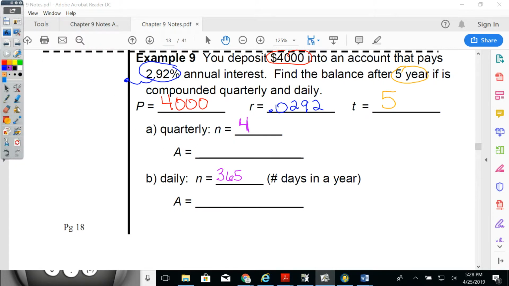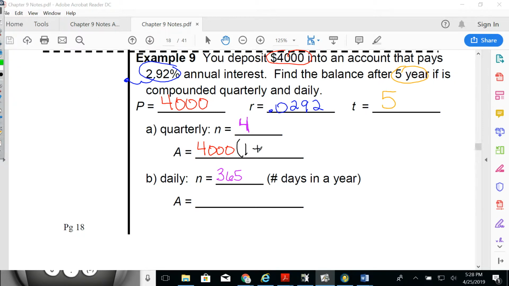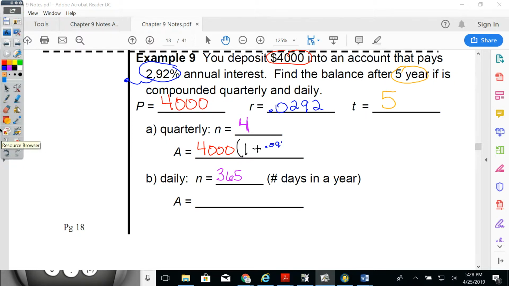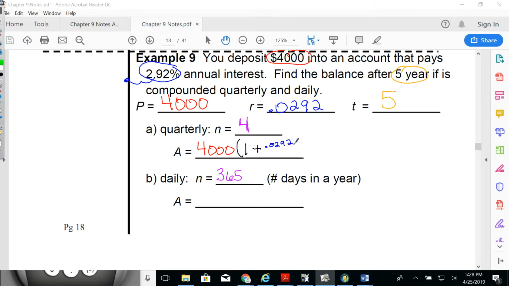All right. We do A equals P is 4,000 times 1 plus R is 0.0292 divided by N is 4, and then we raise it to the exponent.